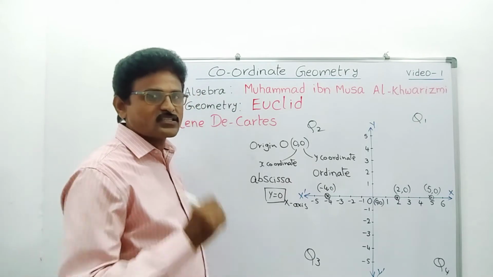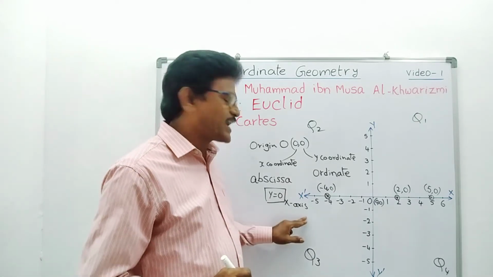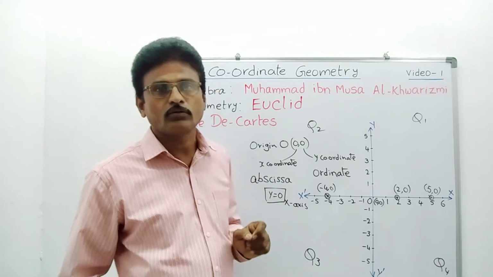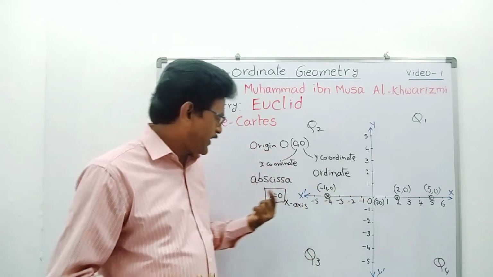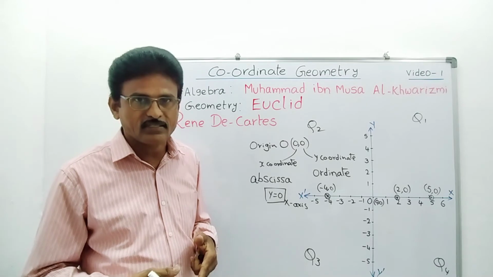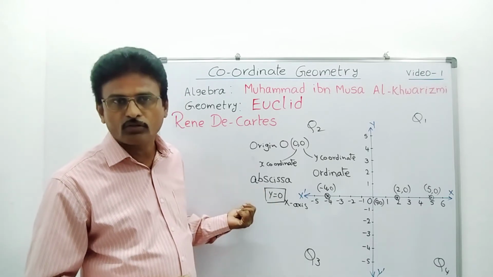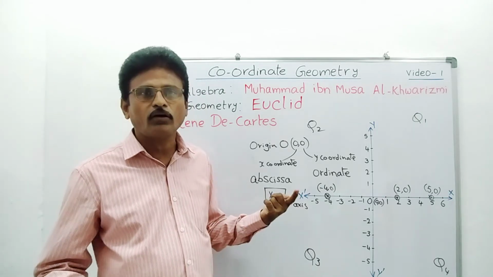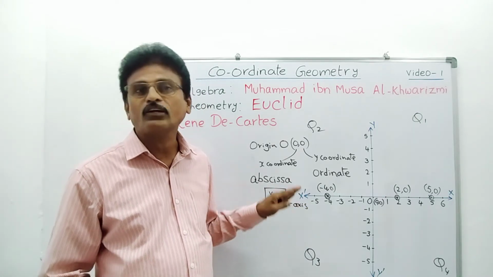So from now onwards, remember this one. The equation of the x-axis is y equal to 0. So they will ask like that: y equal to 0 is what? That is the x-axis. What is the x-axis? y equal to 0. It means on the x-axis the y value is 0. That's why we write that equation.